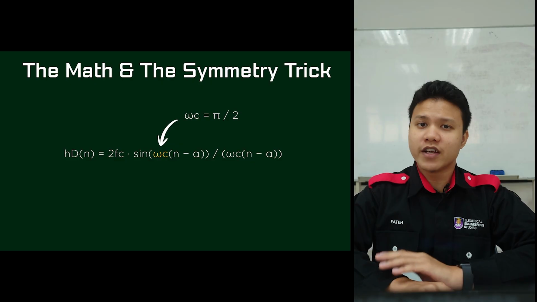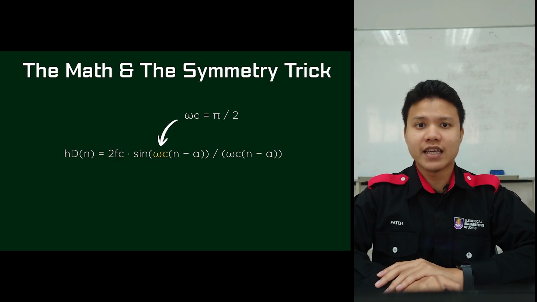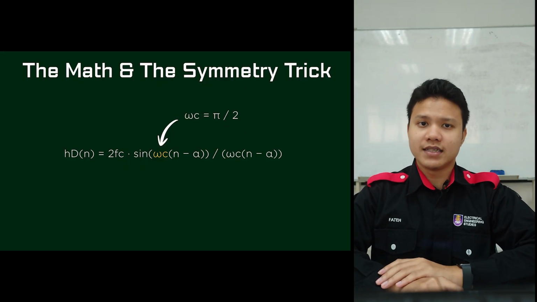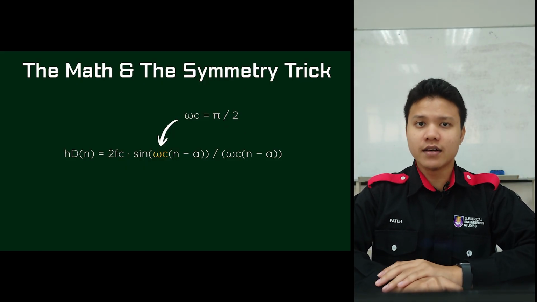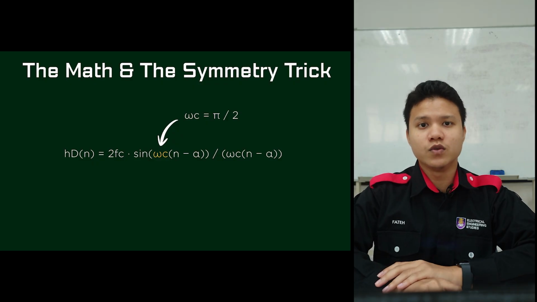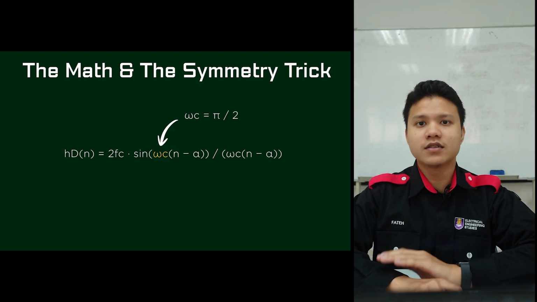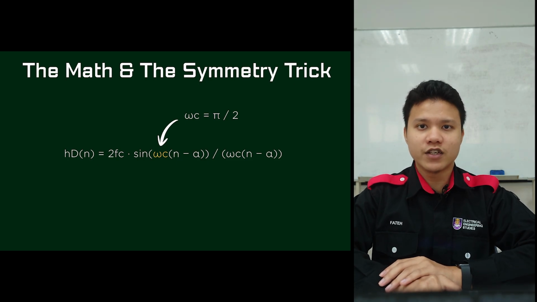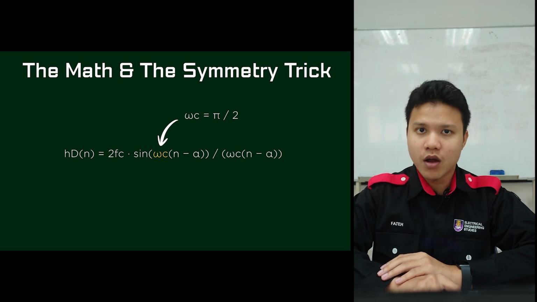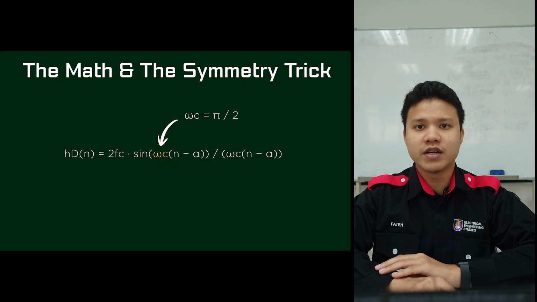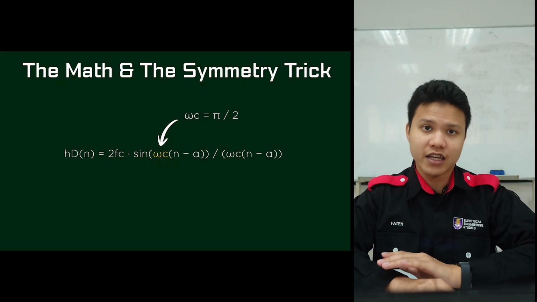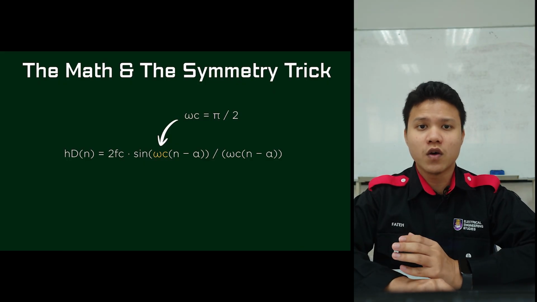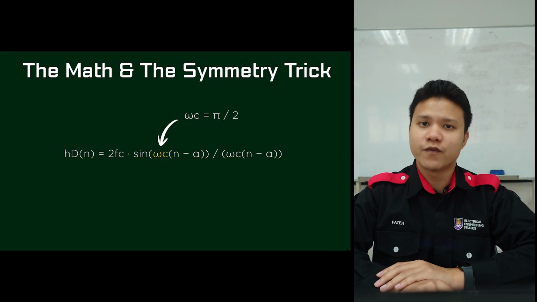Because our cutoff frequency, omega c, is exactly equal to pi over 2, the term sin(omega c m) inside our ideal impulse response evaluates to 0 whenever m is a non-zero even integer. Consequently, every single even index coefficient drops to exactly 0. Combined with the linear phase symmetry around the center tap at n equals 16, our complex manual calculation reduces to solving only a handful of odd coefficients.